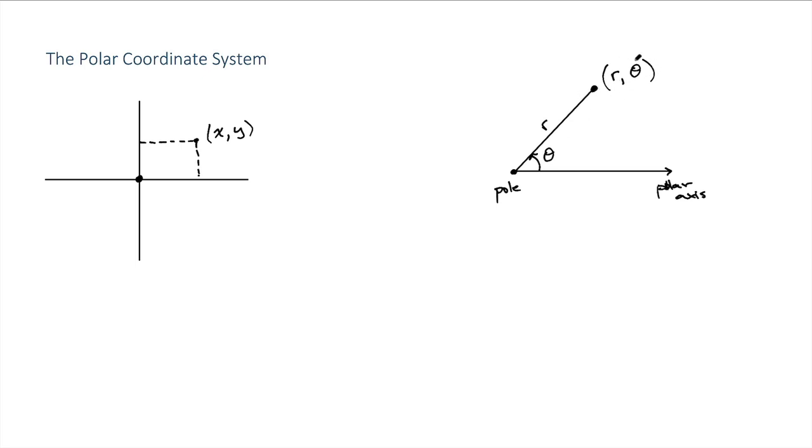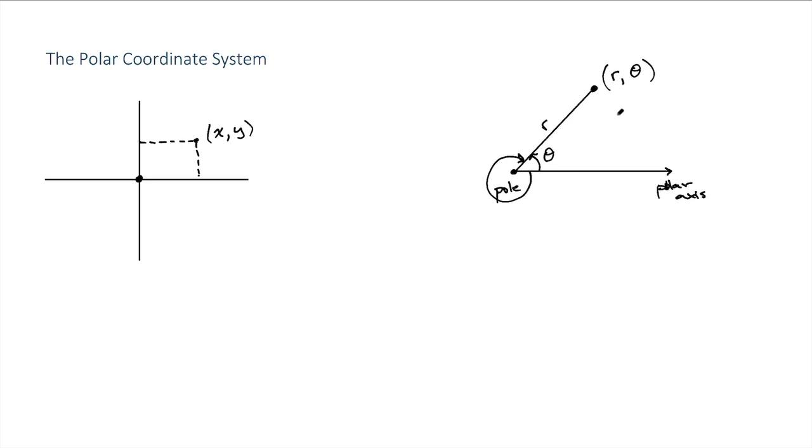That's how we represent points in the polar system. Now, you'll notice there are actually multiple ways to represent a point in the polar system, because this angle is just one of many. We could have gone in the opposite direction, or gone all the way around like that, and that would have been a different angle with the same terminal side. So coterminal angles can be used for this spot here.